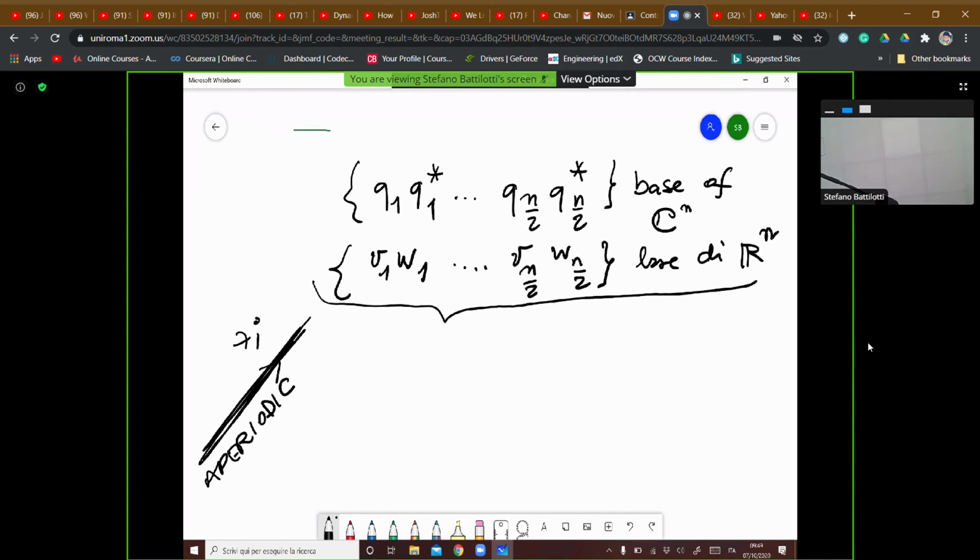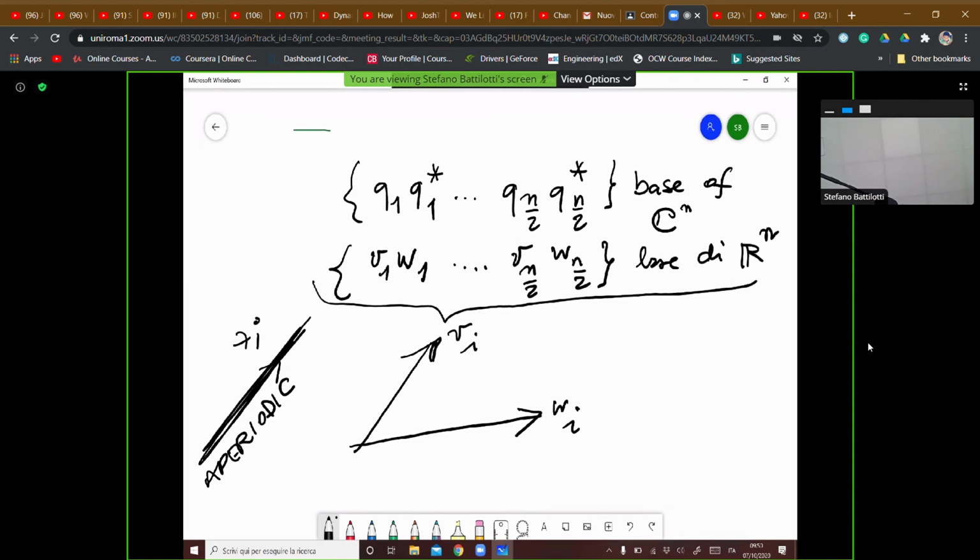The pseudo-periodic mode will move on a plane, which is exactly the plane spanned by Vi, Wi. So the big difference is that while an aperiodic mode is moving on a line, a pseudo-periodic mode is moving on a plane.